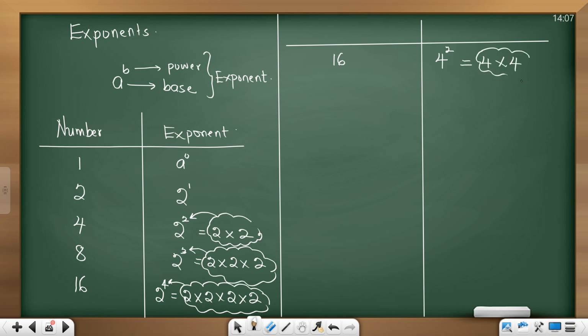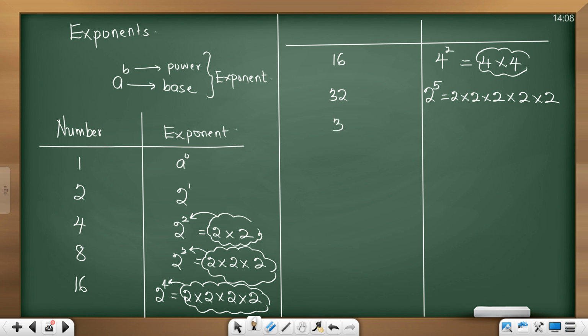Do you see? How many 4's? 2. Okay, look, I could have 32, if I want to continue, is 2 to the power of 5. Because it's 2 times 2, which is 4, times 2, which is 8, times 2, which is 16, and times 2, which is 32. Beautiful.